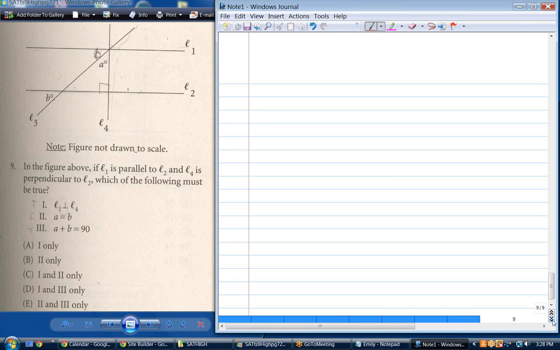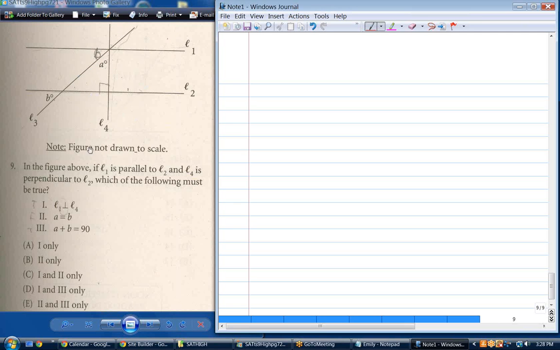D, 1 and 3 only. Well, 1 and 3 for sure are true, and A does not have to be equal to B at all. So all I have to do is change the slope of that line, and clearly A would not be equal to B, and yet everything else would be true.